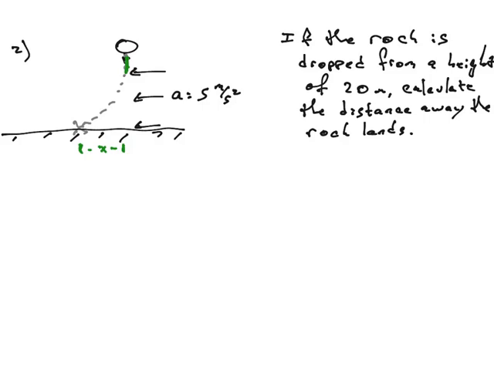The wind pushed it as it was falling, and it eventually landed over here. So there's a certain x distance away from the original starting point that this rock will land. And I want to know what that x distance is, given that the rock started with an initial height of 20 meters above the ground.